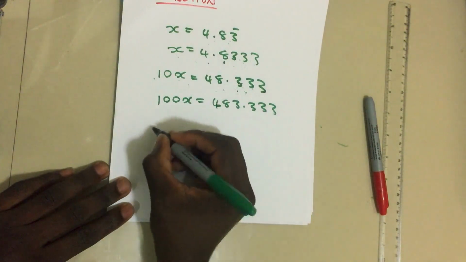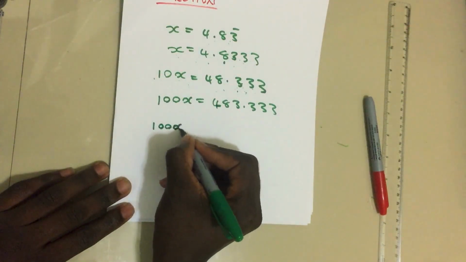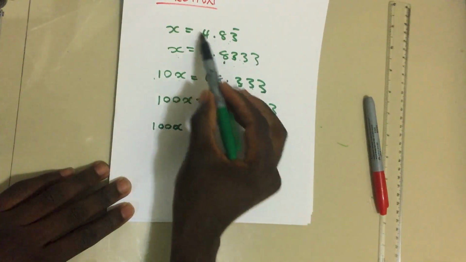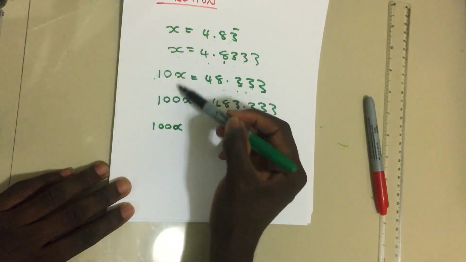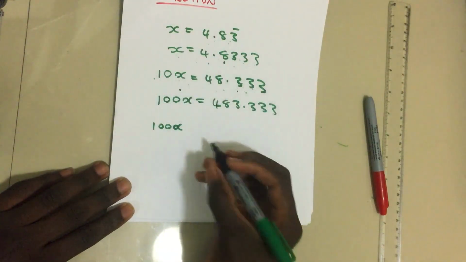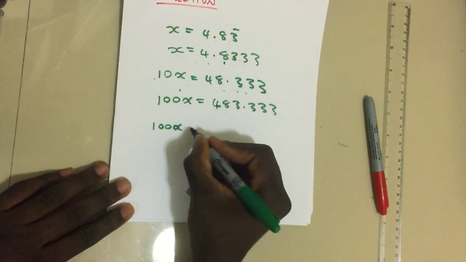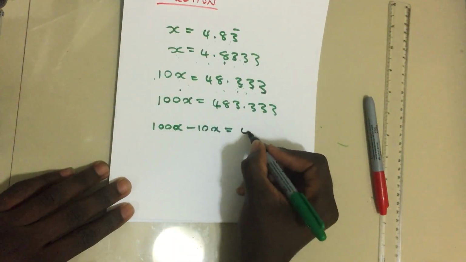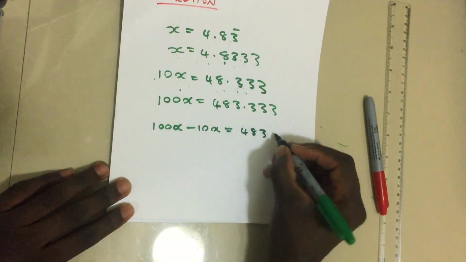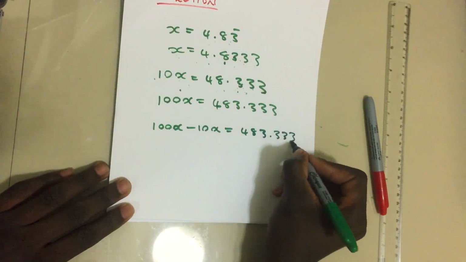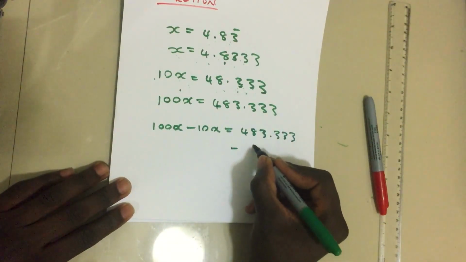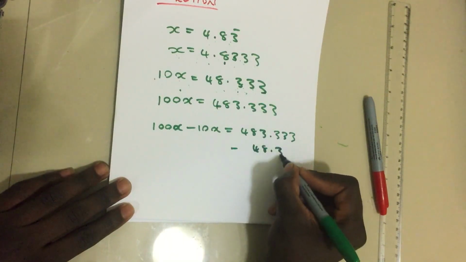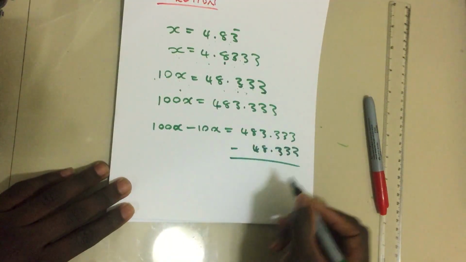Now we need to subtract 10x from 100x, and this from that. Ignore the x here, we're just dealing with the numbers. So 100x minus 10x, and 483.333 minus 48.333.